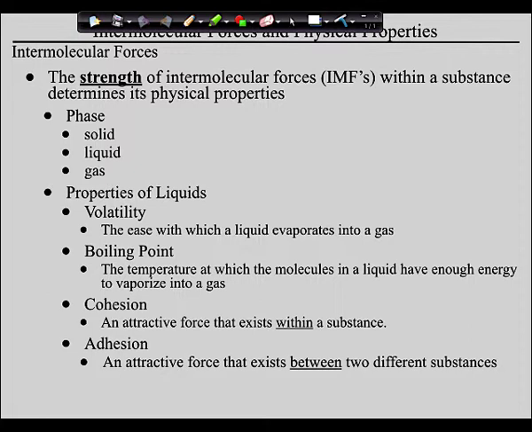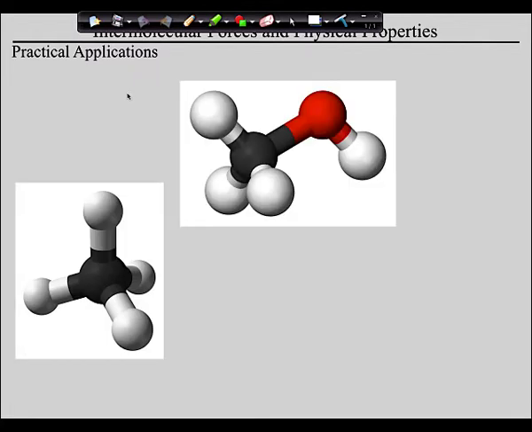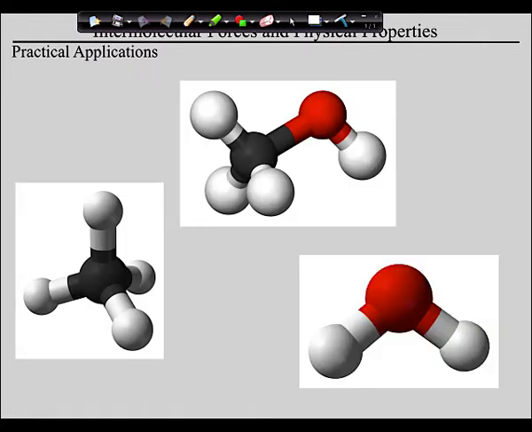Okay. So guys, the first thing that we need to do is we need some substances that we can talk about. So these are going to be our 3 subjects, if you will. What you need to do is draw their Lewis dot structures into your notes and make this as wide as your paper.